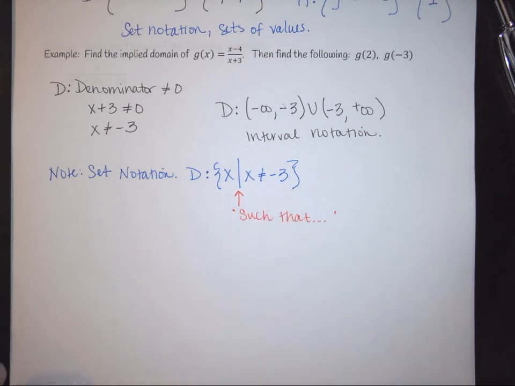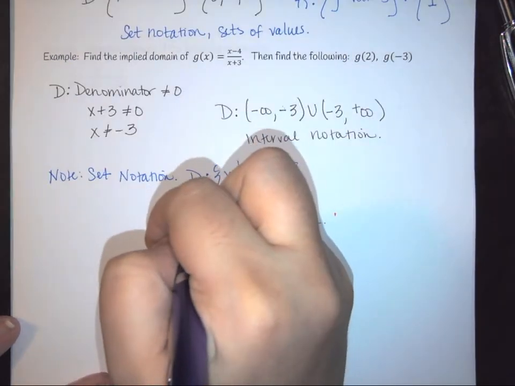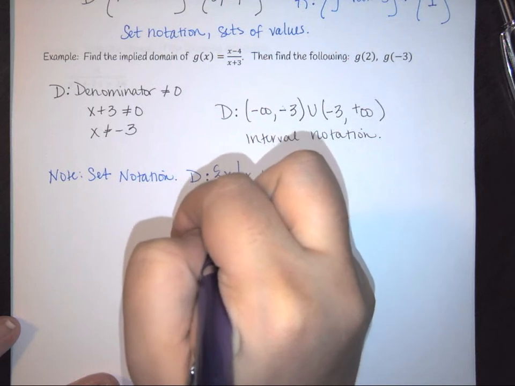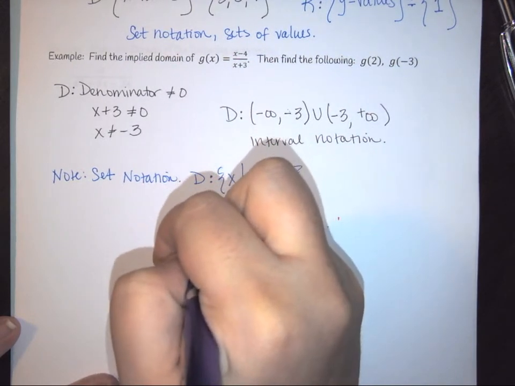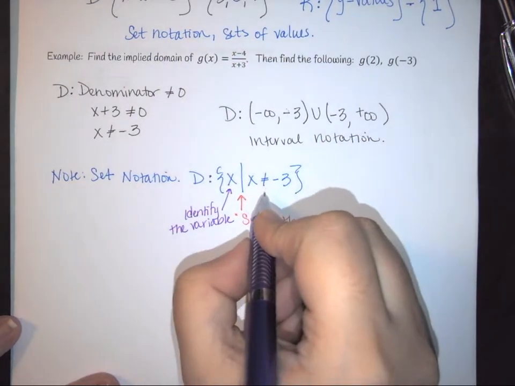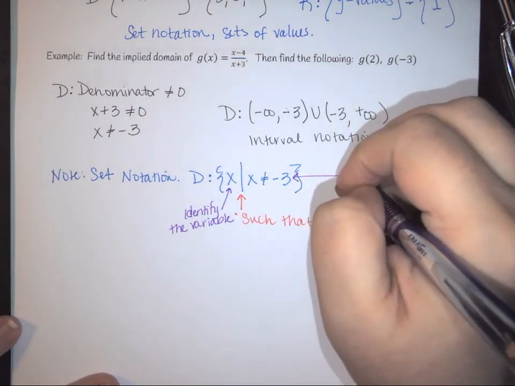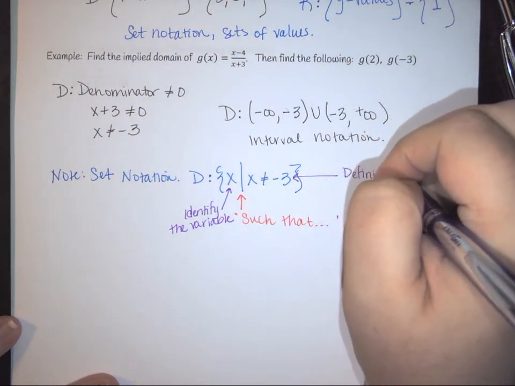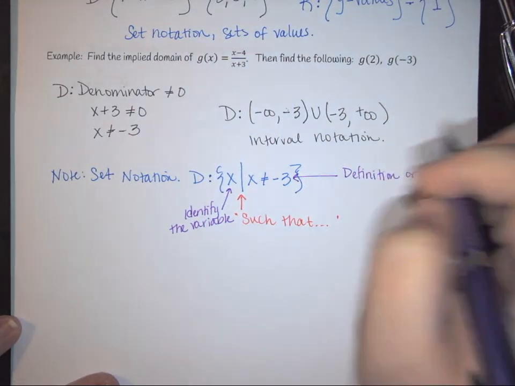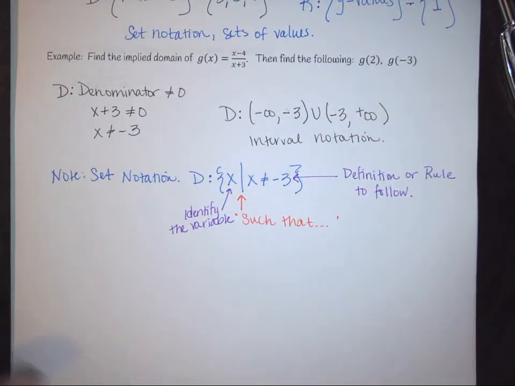Okay, so that's kind of the way it works. So this x over here is where you identify the variable, and then this part over here is going to be your definition or rule that you have to follow. Okay, that's kind of the way your set notation works.